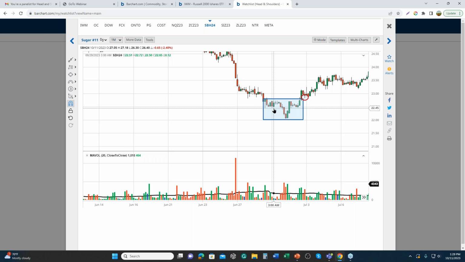Though we do see that increase in volume on our shoulder, our head, and as we accelerate through our neckline. But a lot of times on these types of flatter breakouts, we don't get that big fall through or that volatile fall through. And notice that we do get a little bit of a retest of our neckline.